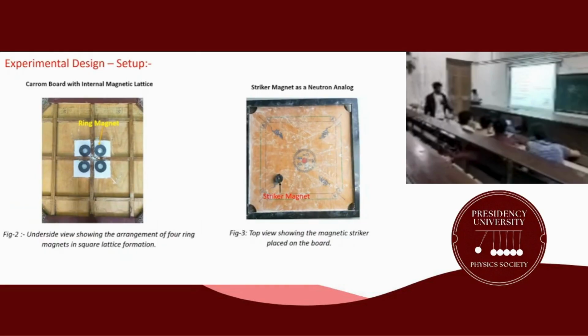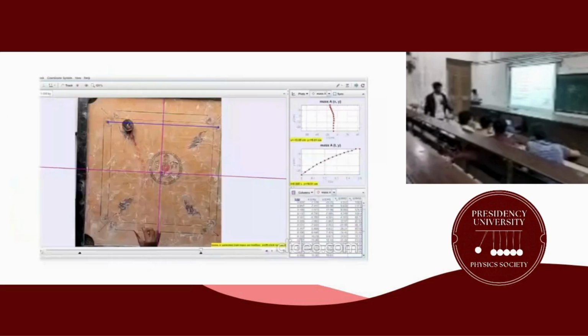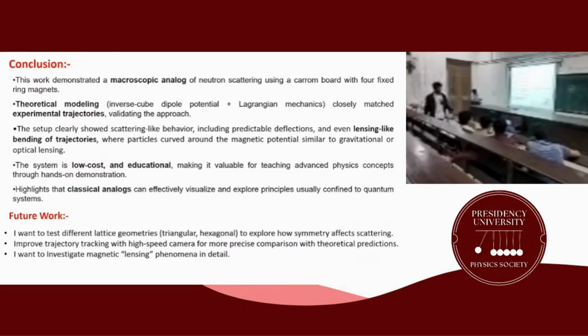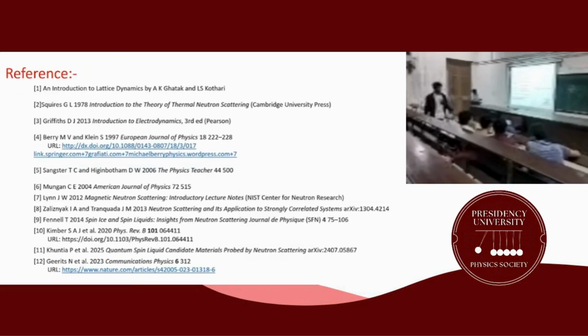In future work, I am thinking of using not only a square lattice but also triangular and hexagonal lattices to explore the symmetry lines, the symmetry graphs that you saw previously, and also improve the budget, and especially investigate the lensing-like phenomena. It's very interesting. Also the coherent backscattering, also lensing-like phenomena.